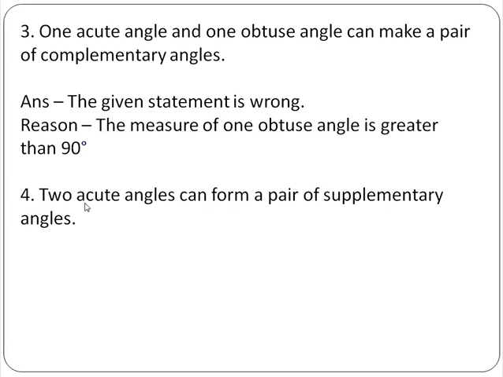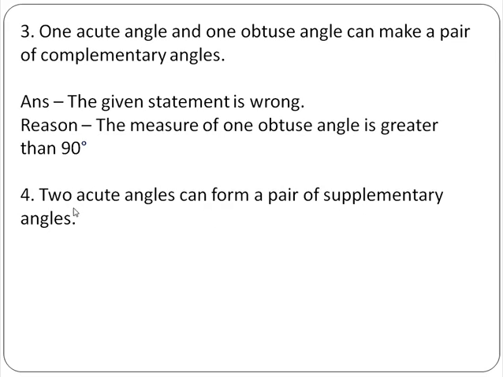Now, statement number 4. Two acute angles can form a pair of supplementary angles. Here again we will look at the given part. Two acute angles, that is, the measure of both the angles is less than 90 degrees. And here you need the sum as 180 degrees.